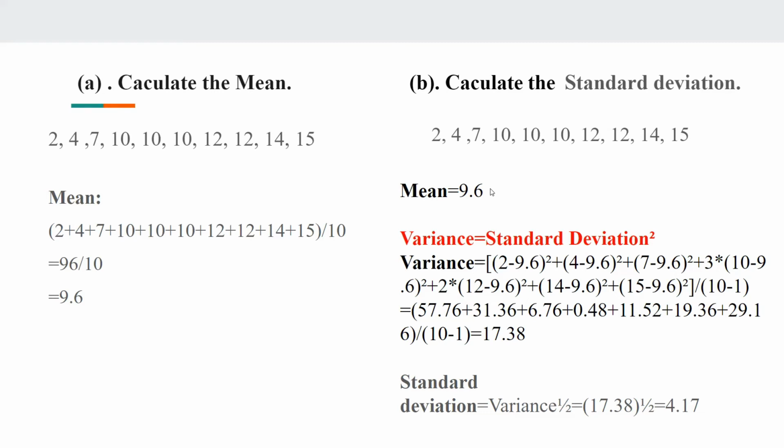We add the square of each number minus the mean and divide this result by the amount of numbers in the sequence minus 1. In this question, the variance equals 17.38. So the standard deviation equals 4.17. Next page, please.